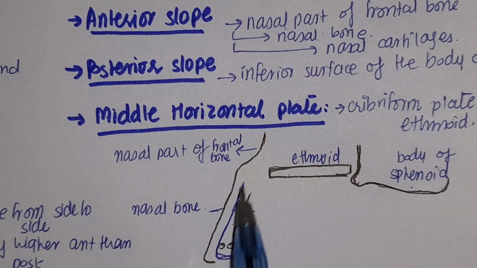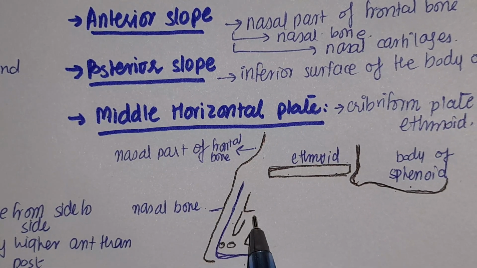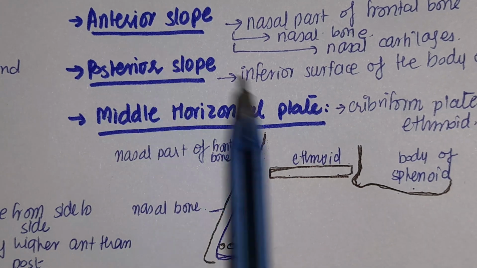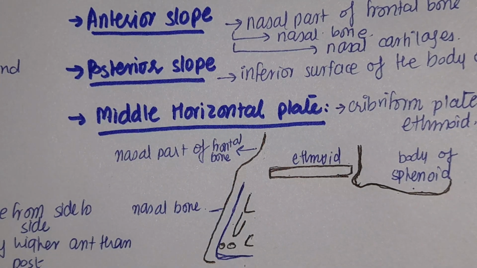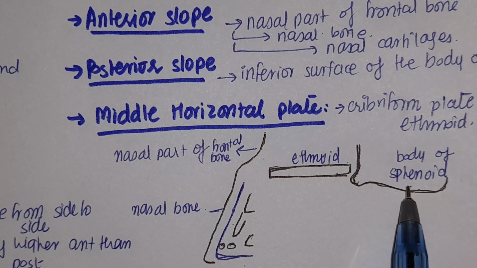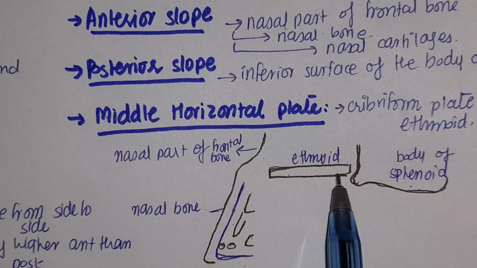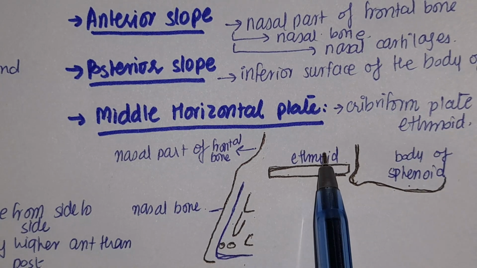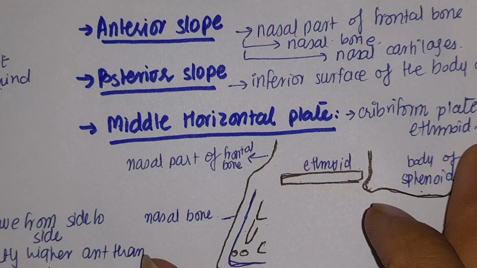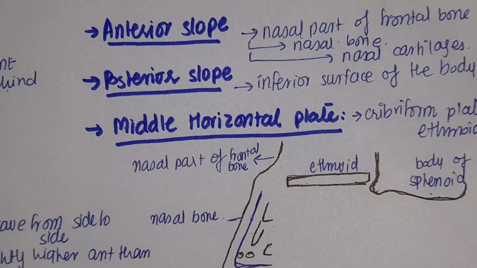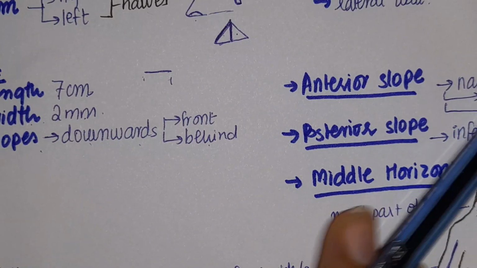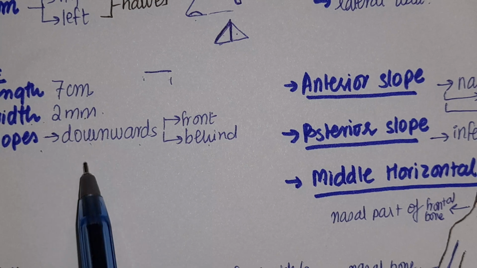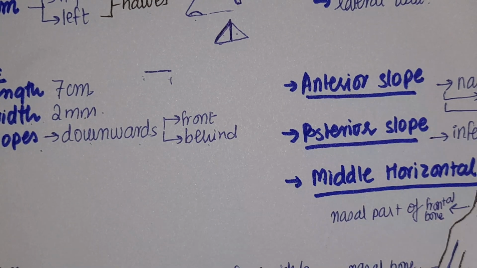With the frontal bone we also have the nasal bone and certain nasal cartilages forming the anterior slope. The posterior slope of the roof is formed by the inferior portion of the body of the sphenoid, and the middle is formed by the cribriform plate of the ethmoid bone. With that we are done with the roof, which has 7 centimeters length and 2 millimeters width and slopes downwards in the front as well as behind.